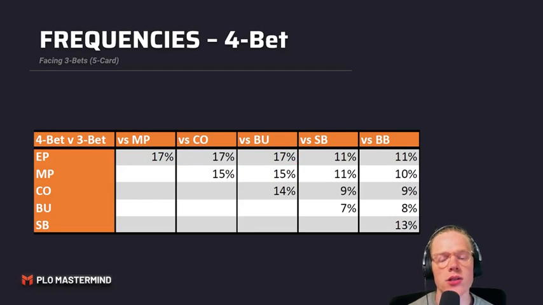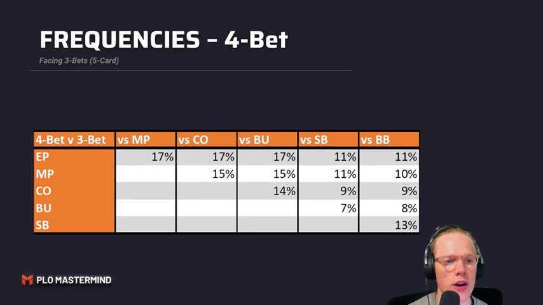The other thing you might notice as well is that when we are in position, we tend to do a bit less 4-betting. That's because being in position post-flop is really strong, and the higher the SPR, the more we benefit from being in position. As a result, we tend to 4-bet a bit less.